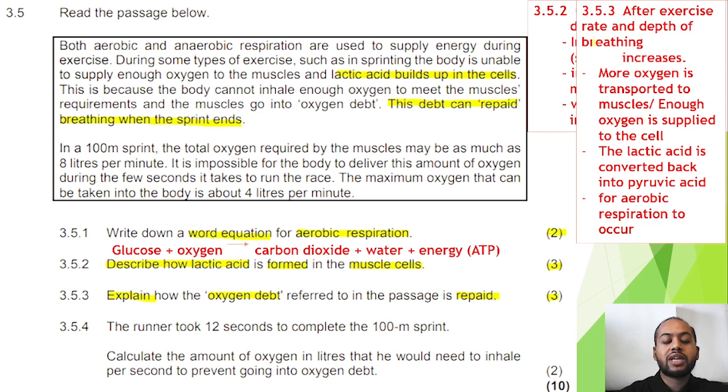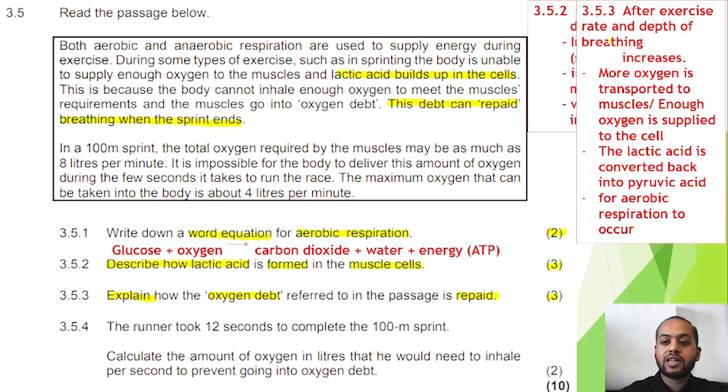When your rate and depth of breathing does increase, you're going to have more oxygen transported to your muscles. The lactic acid will then be converted back into pyruvic acid, and this will now allow the normal aerobic respiration to occur.